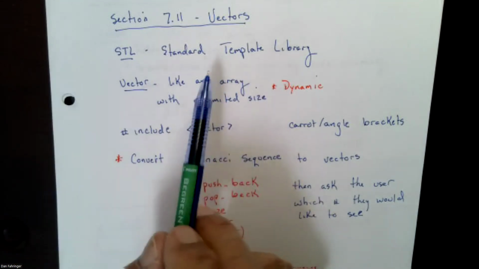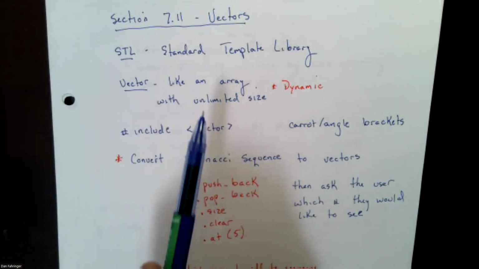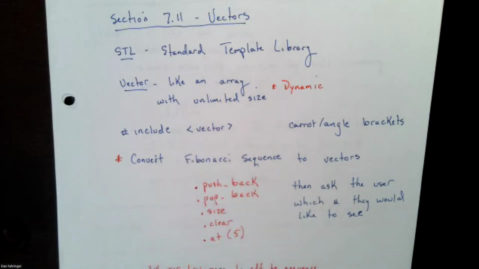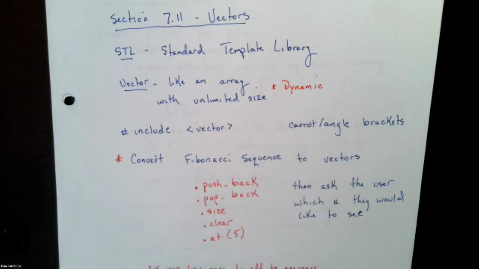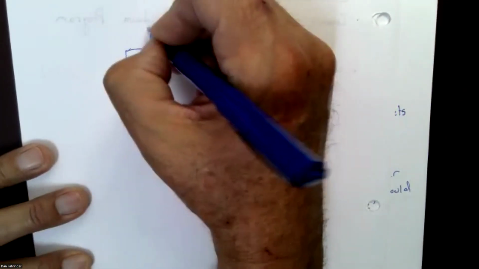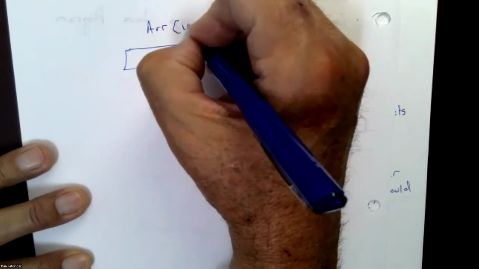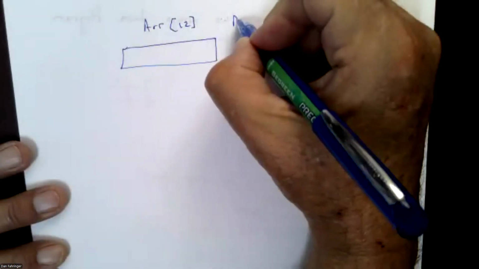And the question is, well, if we have arrays, why do we need this thing called a vector? Well, a vector is, in fact, what we call dynamic. An array is static. What I mean by that is, how many items do you want to store in your array? 12. Okay. I'm going to make an array of size 12. How many can I work with? 0 to 12. What if I wanted 14? I'm stuck. My memory is static.